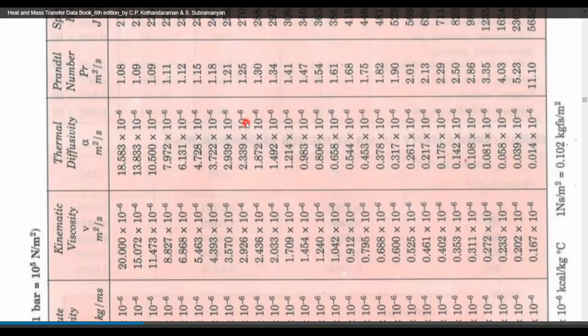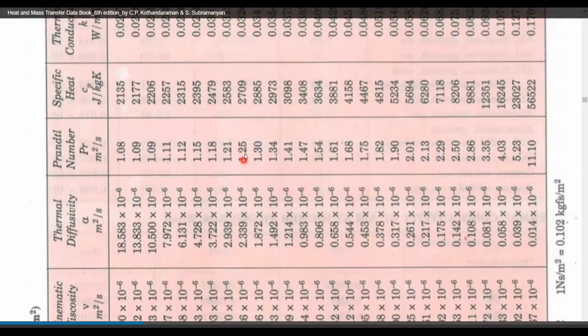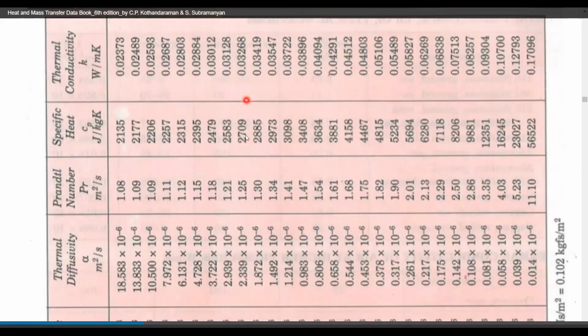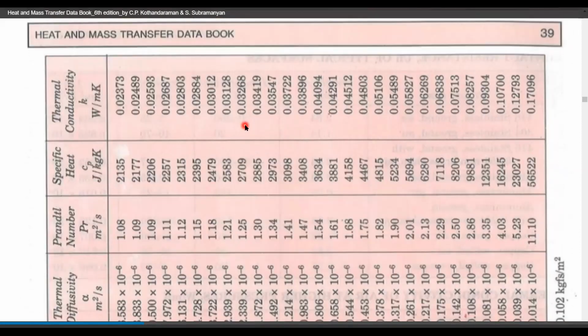Pr is not required. C_p is 2709 joules per kg kelvin, and k_v, the thermal conductivity of vapor, is 0.03268 watt per meter kelvin. These are the corresponding values of vapor at mean temperature. I hope this is clear. Now let's go to page number 144 again.